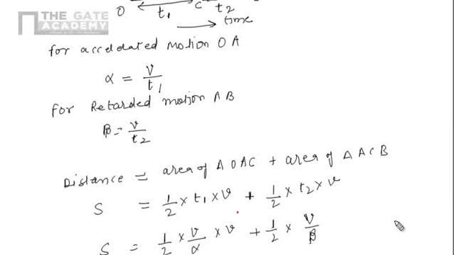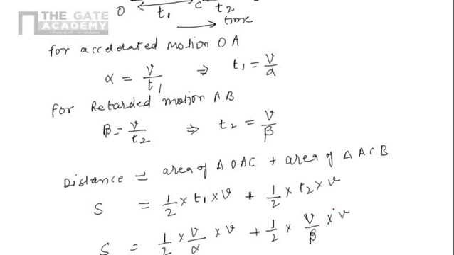So I will show you how this T1 equals V by alpha. Here if you see, alpha equals V by T1, so I can write T1 equals V by alpha. Similarly here I can write T2 equals V by beta. In this way the expressions of T1 and T2 come in terms of V and alpha, and V and beta.